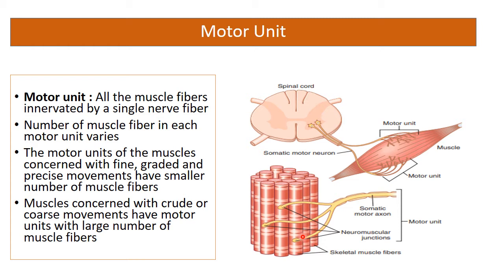Or you can say in the ocular muscles, 3 to 6 muscle fibers are innervated by a motor unit. While the muscles concerned with crude or coarse movement have motor units with a large number of muscle fibers. For example, there are about 120 to 165 muscle fibers in each motor unit of muscle of leg and back.